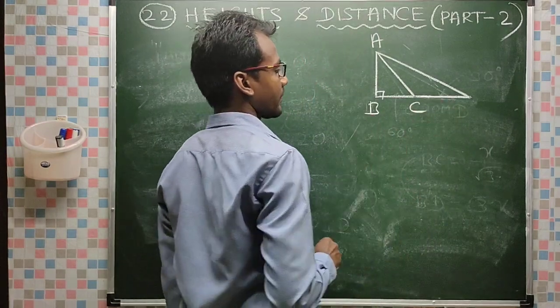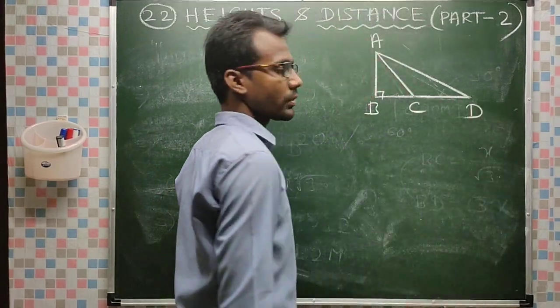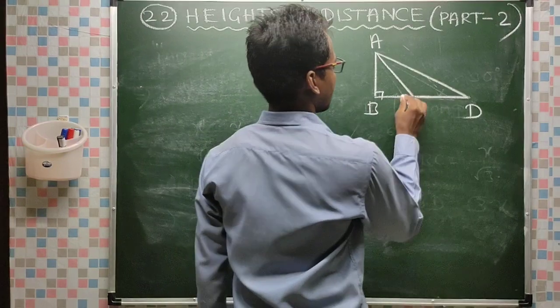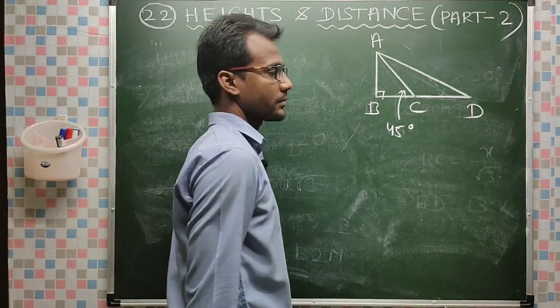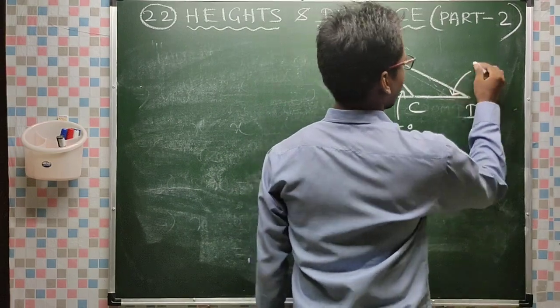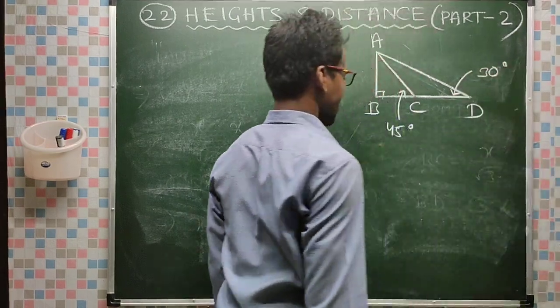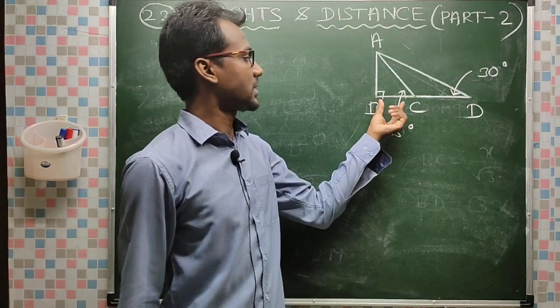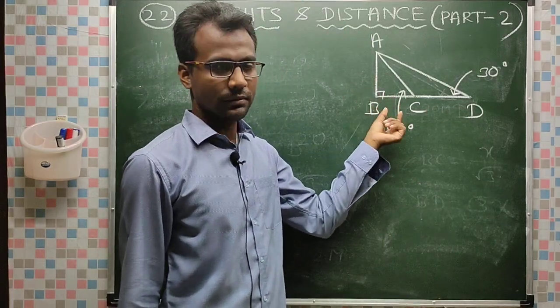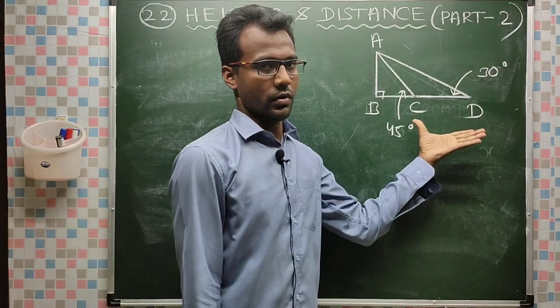C is the first point of observation. D is the second point of observation. From C, the angle of elevation is 45 degree. From D, the angle of elevation is 30 degree. BC was the shadow of the tower. Now BD is the shadow of the tower.